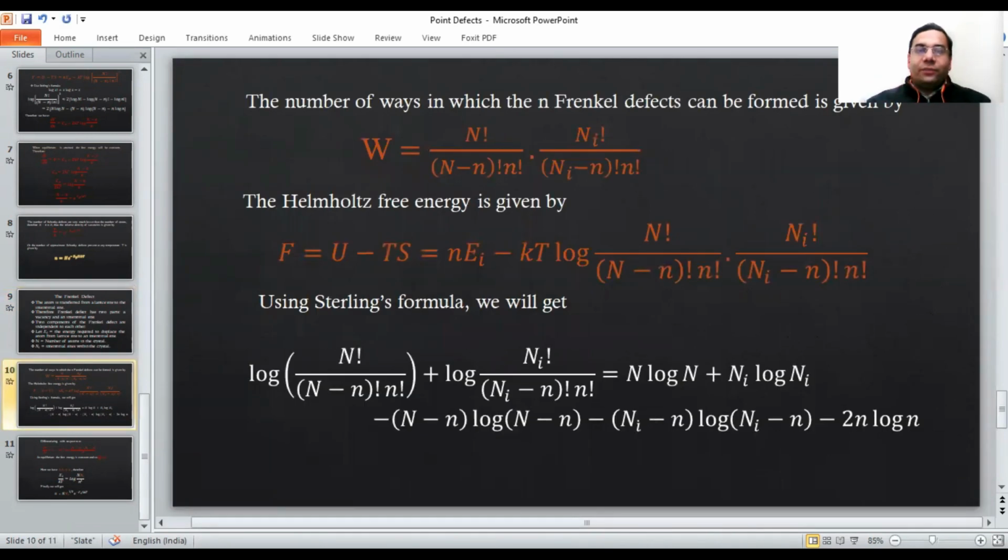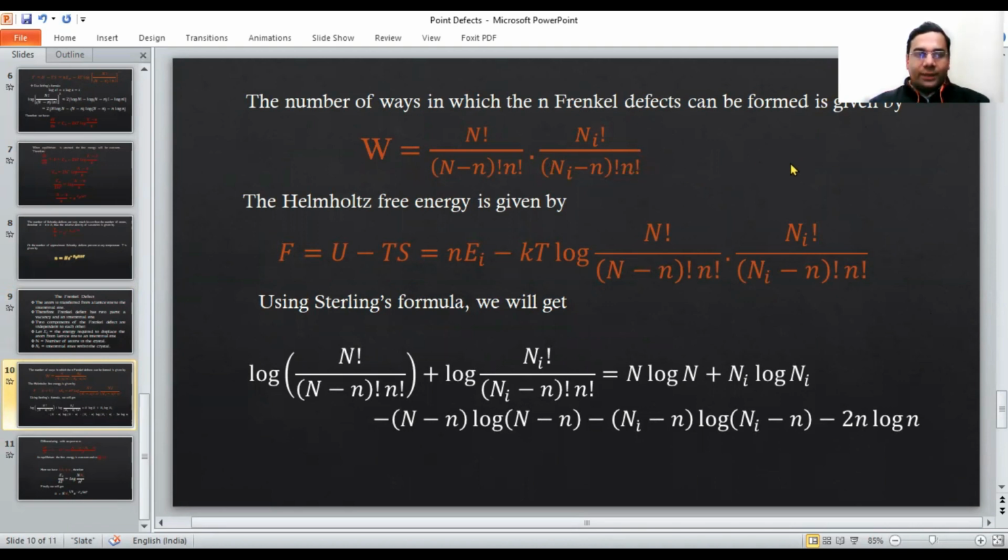N is the number of atoms in the crystal and Ni is the number of interstitial sites available within the crystal. The number of ways in which n Frenkel defects can be formed is given by the equation W is equal to N factorial divided by (N minus n) factorial into n factorial, multiplied by Ni factorial divided by (Ni minus n) factorial into n factorial.